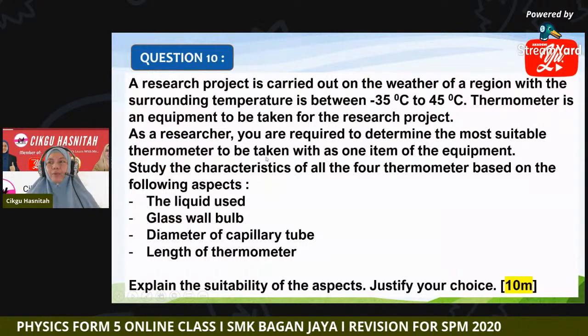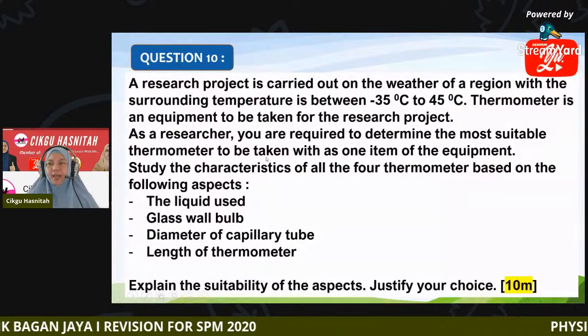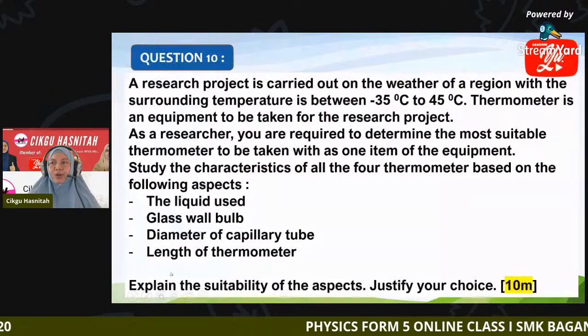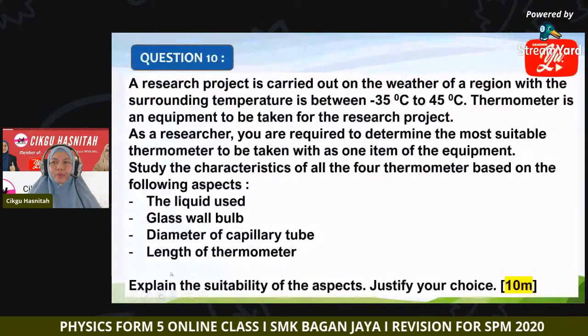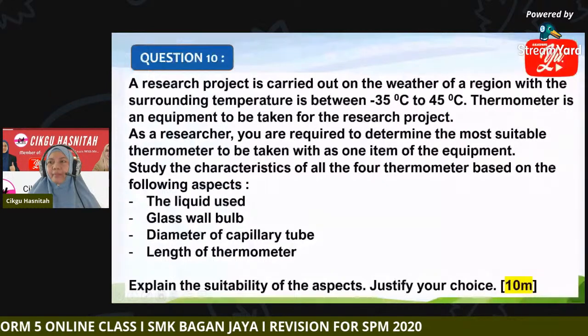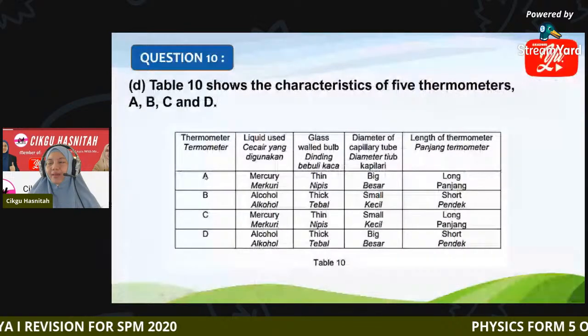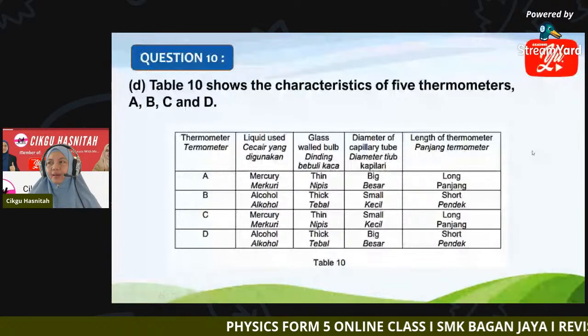We have to study the characteristics on these 4 aspects. Explain the suitability of the aspect. Justify your choice. So which one? So we go back. We have 4 thermometers here. Which one did you choose for each aspect?